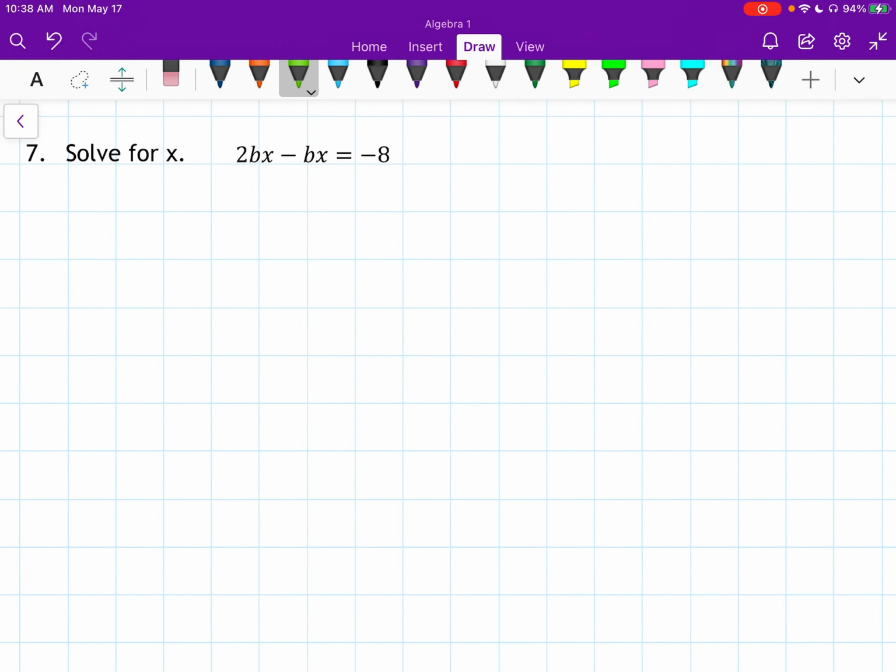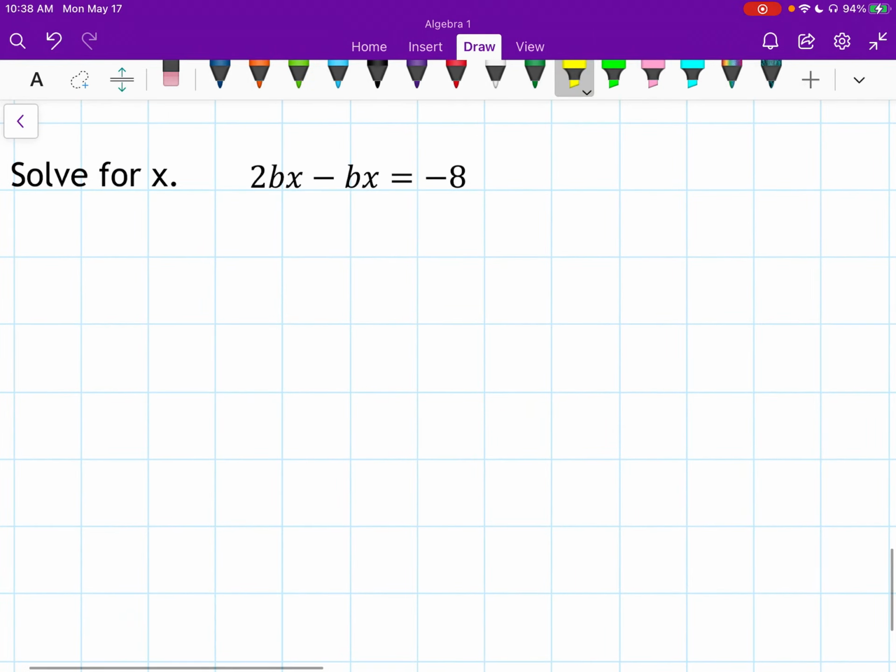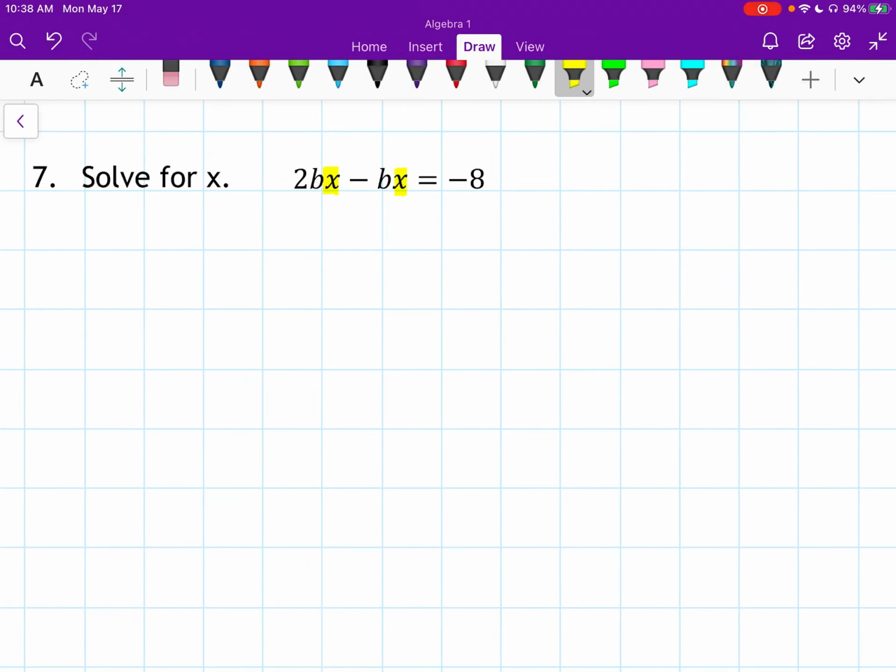Now there's going to be some problems like this where it just asks for you to solve for a variable. Sometimes these are called literal equations, where there's a bunch of different letters and you have to manipulate it. Here we're supposed to solve for x. And what we need to look here is we have an x here and an x here. What we're going to have to do here is we're going to have to factor. And factor means undo distribute, right?